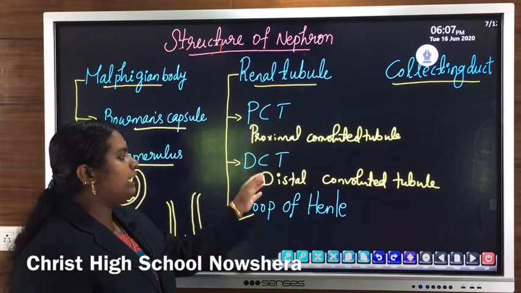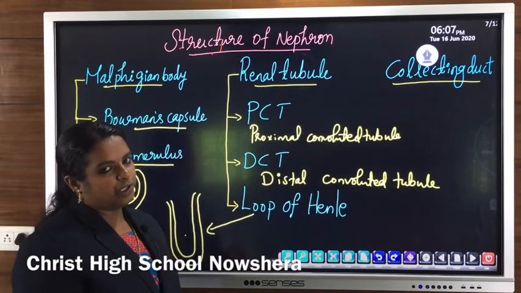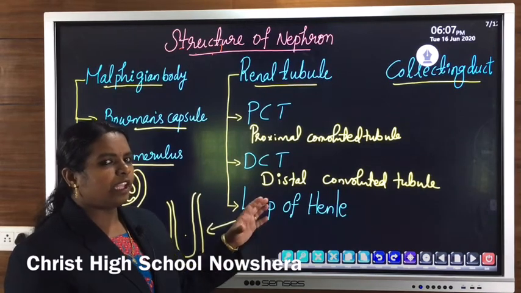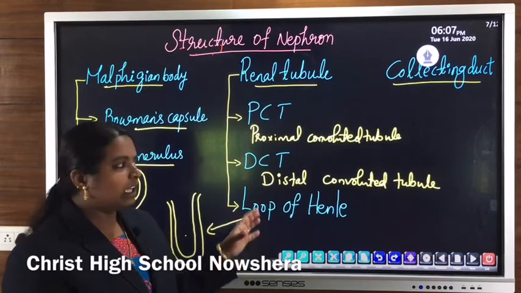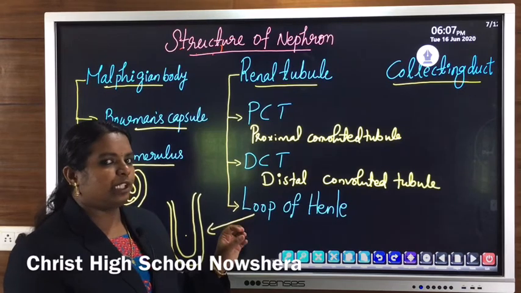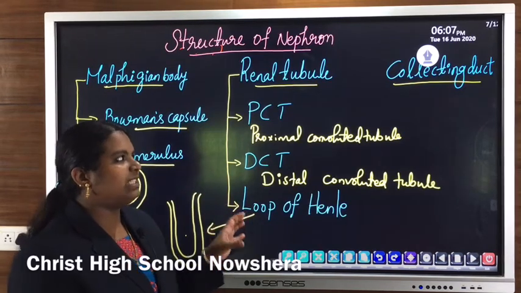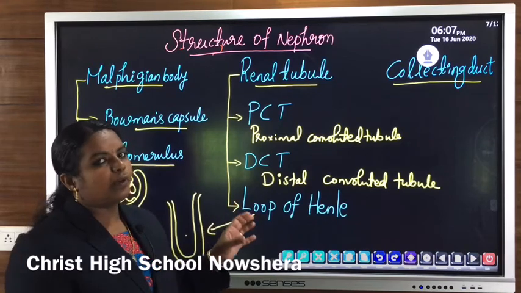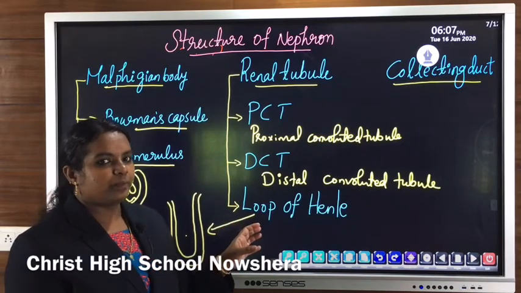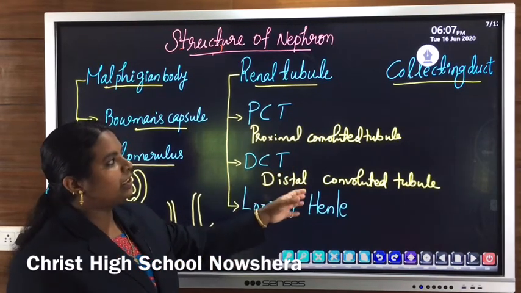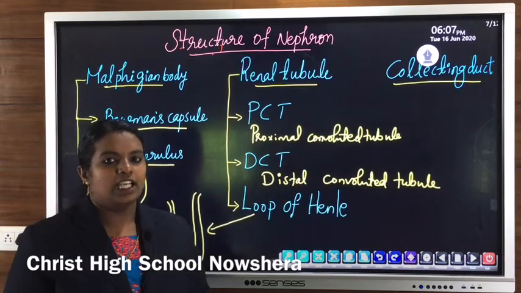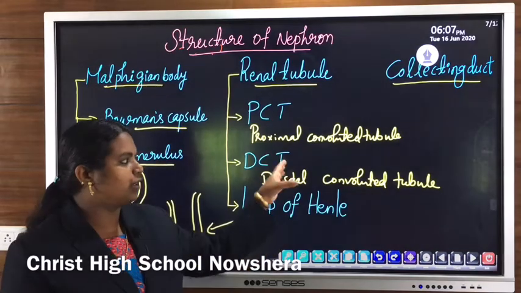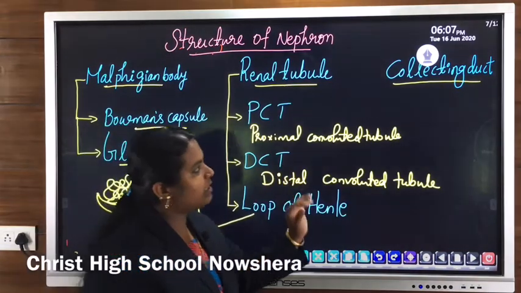Then at the end part of the distal convoluted tubule, the end product of excretion, the waste material which has to be removed from the body, is secreted into the collecting duct. So the collecting duct collects the secretion from these tubules.